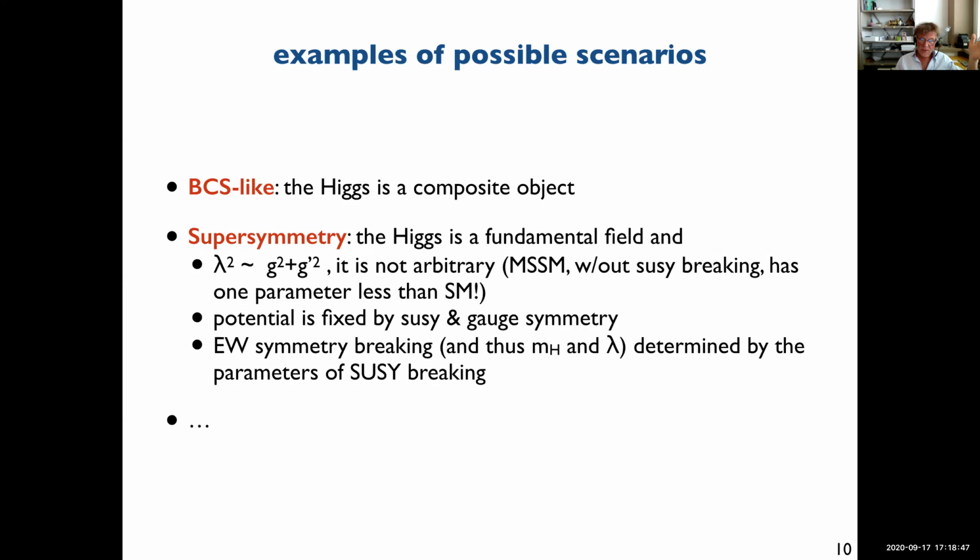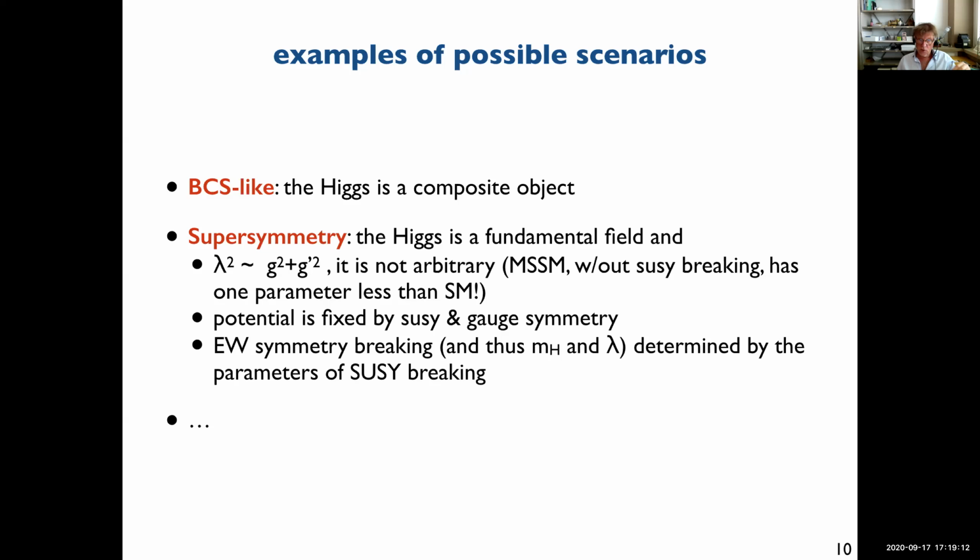So there are possible scenarios beyond the standard model in which the Higgs potential follows from principles. One could be a BCS-like scenario, where the Higgs is a composite object, and then its potential and its properties follow from the dynamics that confines, say, a couple of fermions into the Higgs field. In the case of supersymmetry, the Higgs is a fundamental field, but then, for instance, lambda, which is the Higgs self-coupling, is related to the gauge coupling.